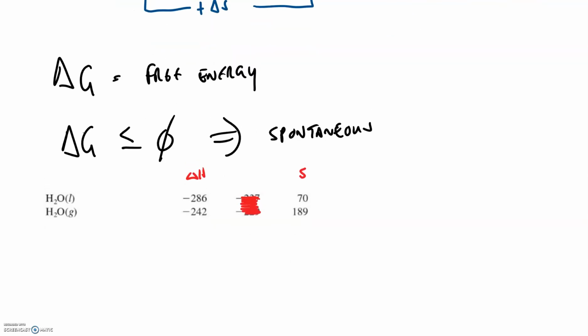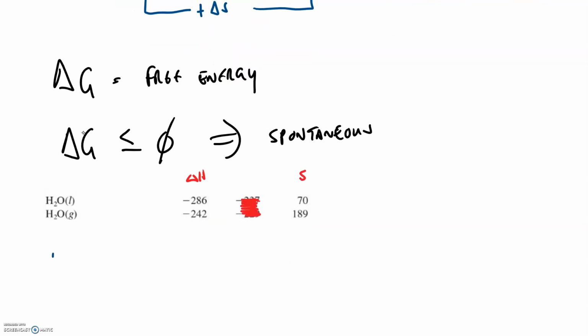Let's calculate the overall delta H. So we'll use this fancy new equation that we have where we'll say the overall delta H of the reaction is equal to the sum of the delta H of the products minus the sum of the delta H of the reactants.